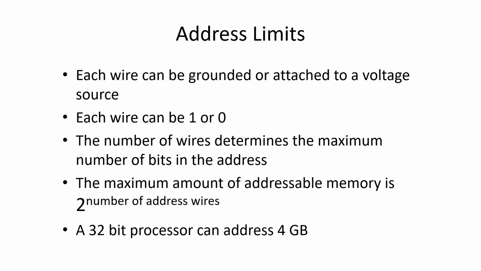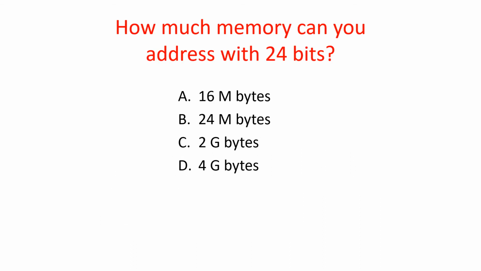Because each wire represents one bit, it's 2 to the number of wires that determines the maximum amount of memory. 32-bit processors that have a 32-bit address space can access 2 to the 32, or 4 gigabytes. One of the big advantages of switching to the 64-bit systems like we have today from the 32 bits or older is that they could extend past the 4 gigabyte limit.